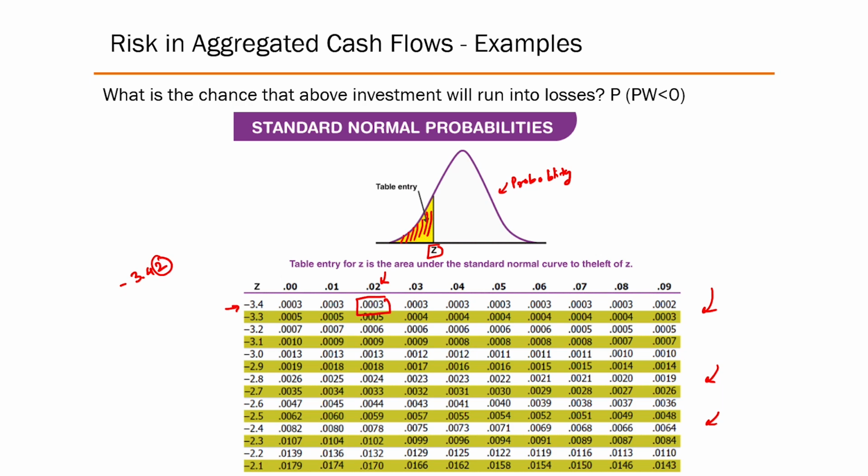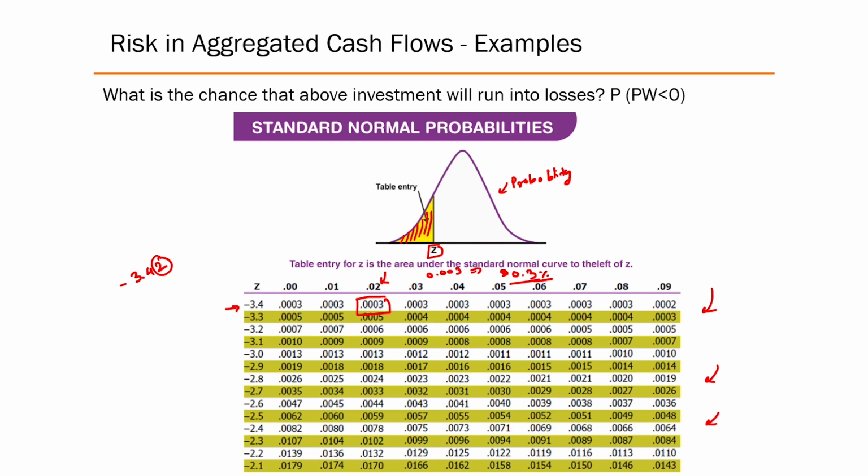So it means that the area under the curve for a Z value of minus 3.42 would be just 0.003, which will be equivalent to 0.3 percentage, right? So there is only a 0.3 percentage chance that the value will go lower than this particular Z. That's how you read the Z curve.